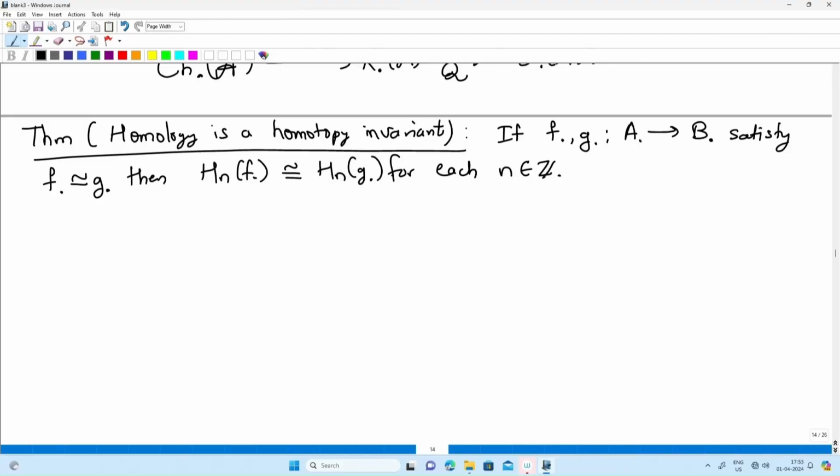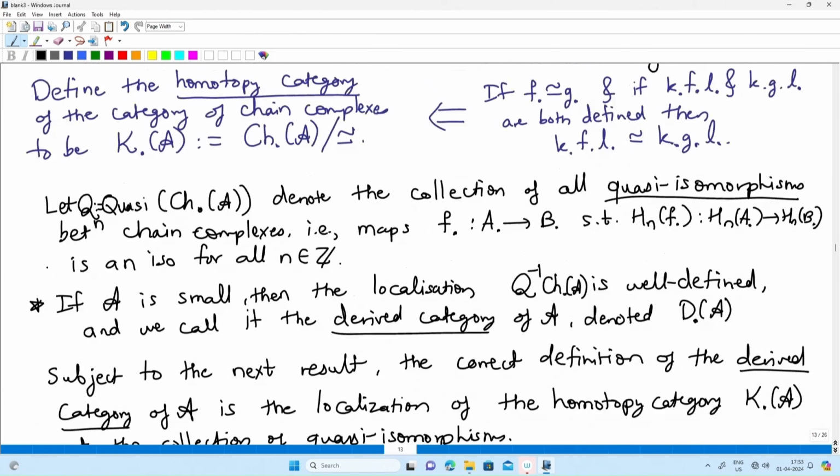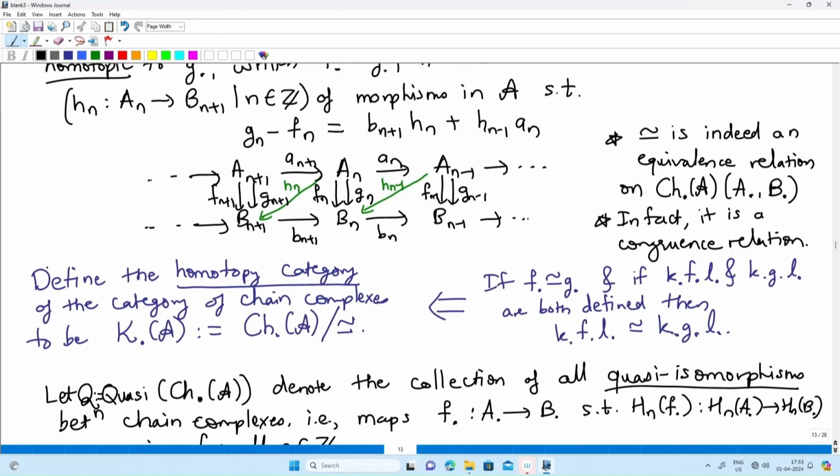Okay, so this is what we want to show. Is this clear? Okay. So the proof for this is quite simple actually. We are given a system like this, Fn and Gn. I'm not going to draw another diagram, just have a look at the existing diagram.